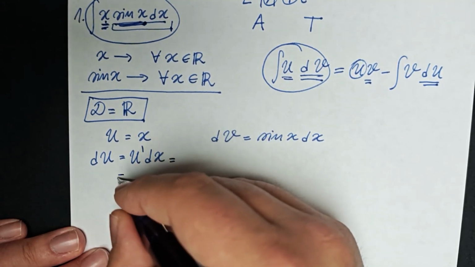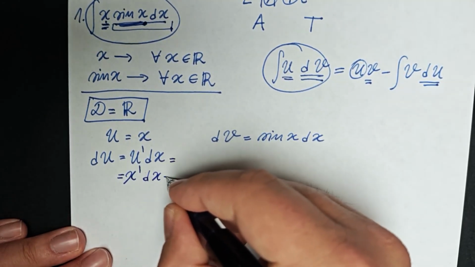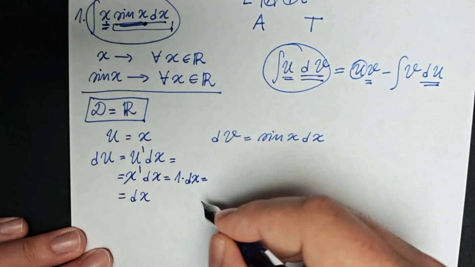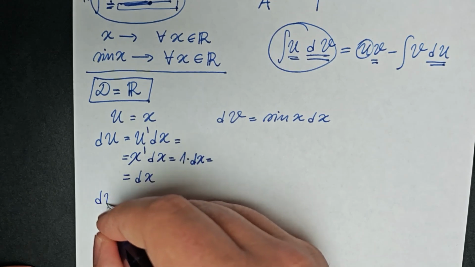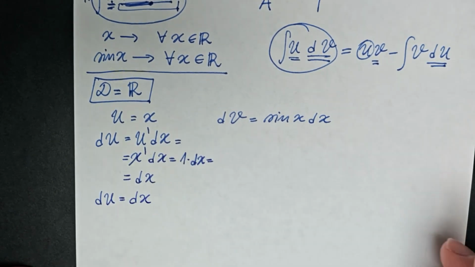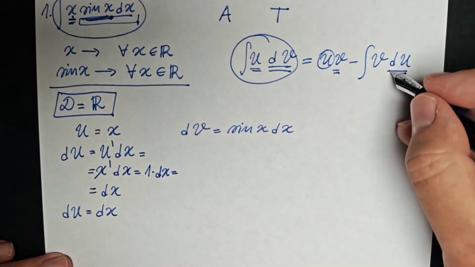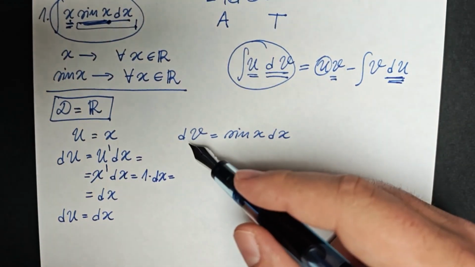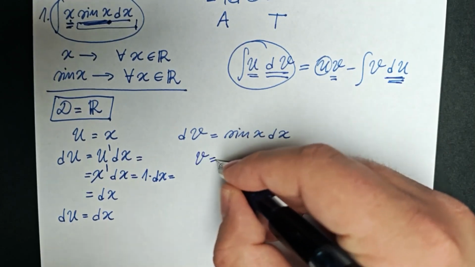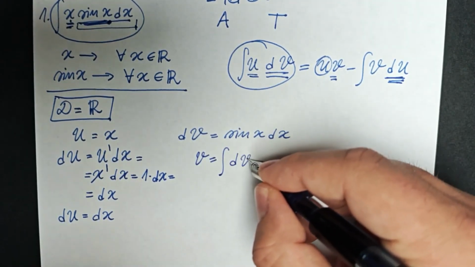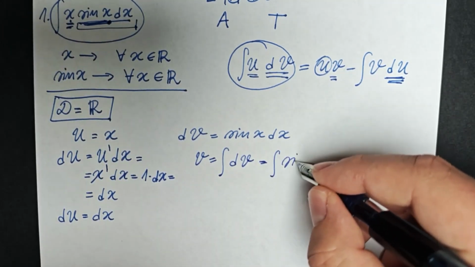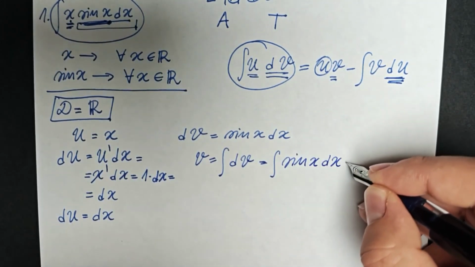So this is then equal to x prime dx, which is just 1 multiplied by dx, and that is dx. So we have found that du is equal to dx. We have du in our formula. We need to find v, and v is just an integral of the differential dv. So that is an integral of sine x dx.